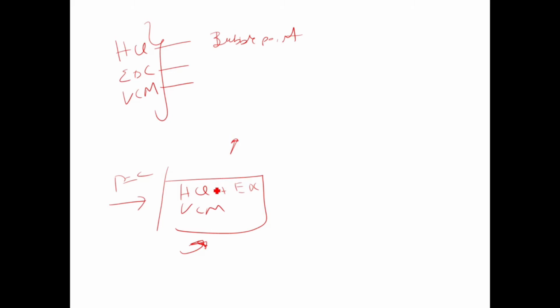If HCl boils first, the first bubble will correspond to HCl, and the HCl concentration in the vapor phase will increase, while the two remaining compounds may stay in the liquid phase. It depends on the bubble points of these two other components, EDC and vinyl chloride monomer.